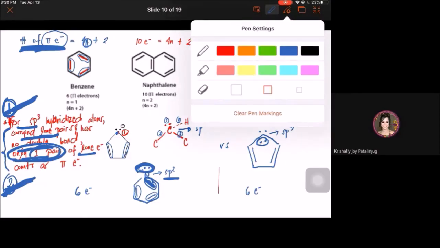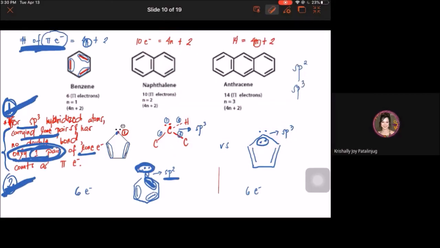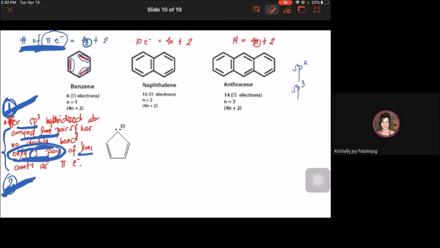Okay, let's try this. Check if this structure follows Huckel's rule. Obviously, it has 6 pi electrons. As I just said in the first statement, this is an sp3 hybridized atom carrying a lone pair with no double bond, so the lone pair is counted as part of the pi electrons. So 6. Automatically, when there are 6 electrons, n is equal to 1.